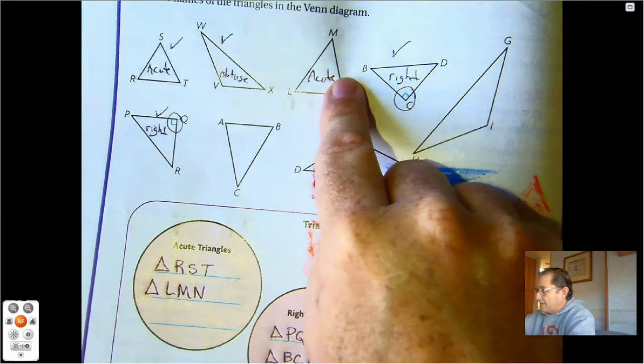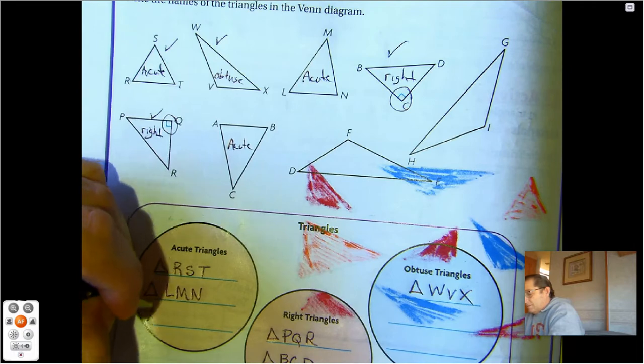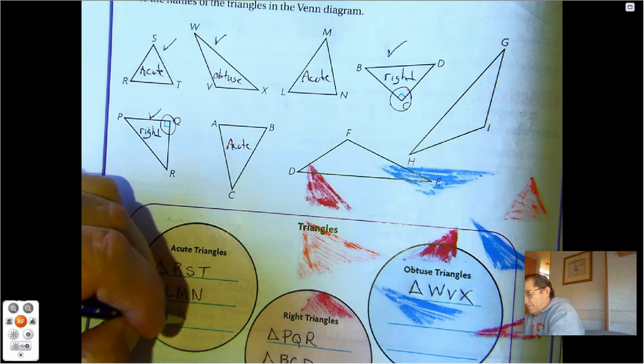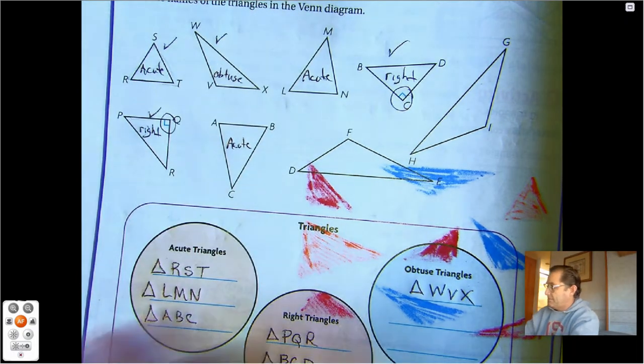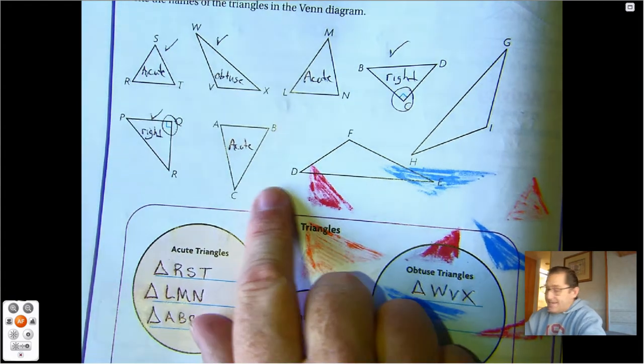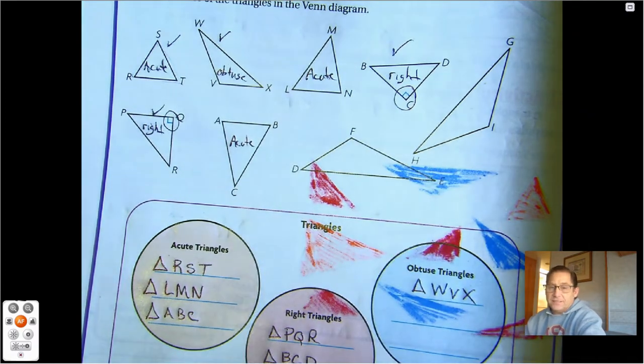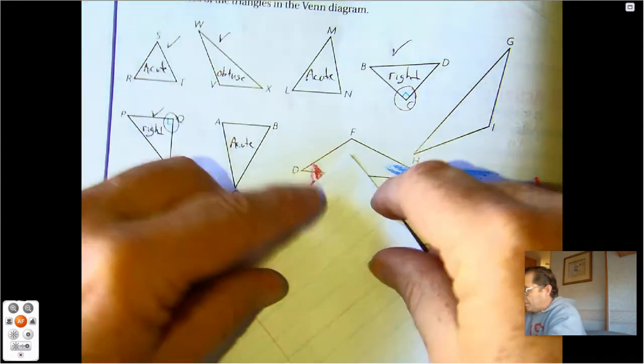This triangle looks like this one. Triangle ABC. And then we have two triangles left. Well, I think, looking at this, that DFH is an obtuse angle.